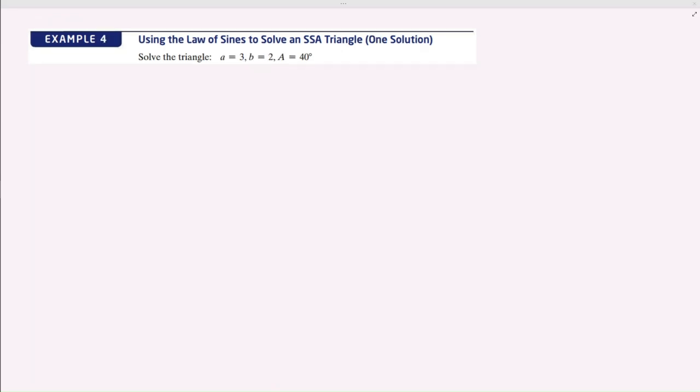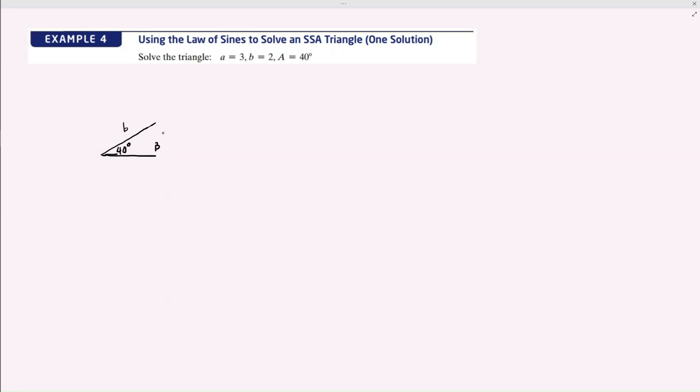Okay, let's look at another situation. So I'm just going to try and draw this to the best of my ability with the knowledge that we're given here. And a 40-degree angle is just a little less than a 45-degree angle, so I'm thinking something like that. And this is our angle A, 40 degrees. And then opposite that, we have a length of 3. And notice that this is going to be B over here, B is the angle here.